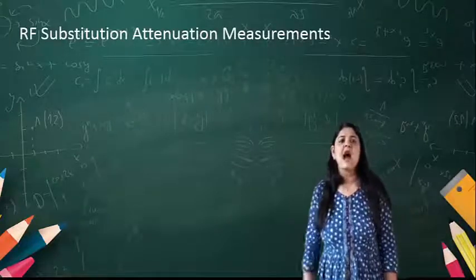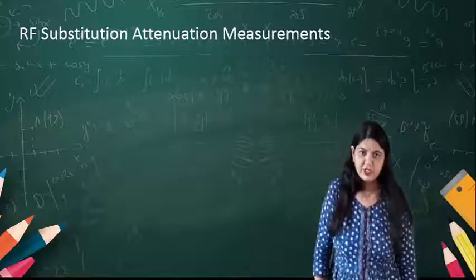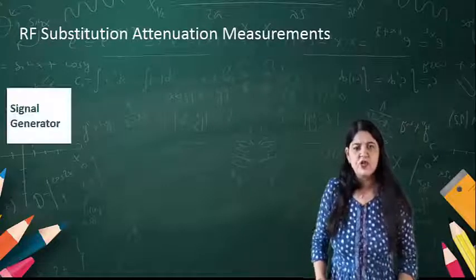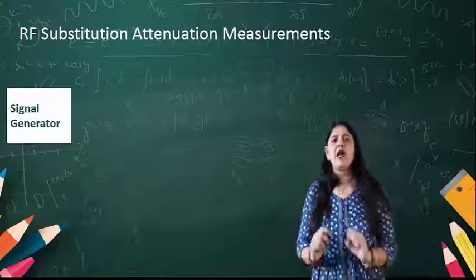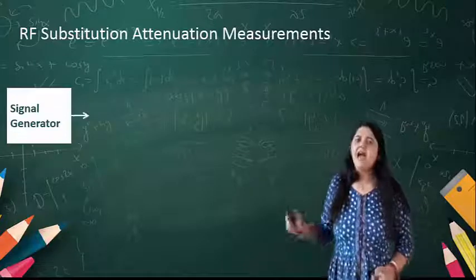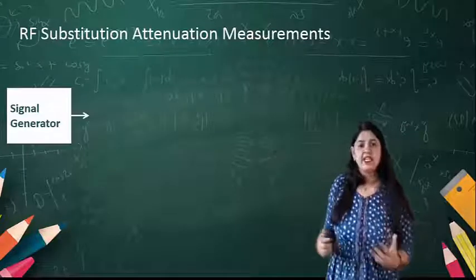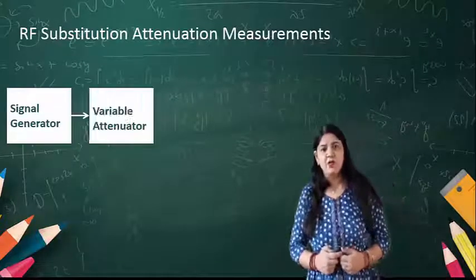First is the RF substitution attenuation measurement. First of all, we will see the simple setup. We have a signal generator which generates the microwave frequency.